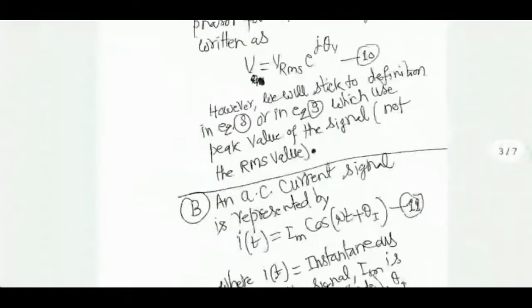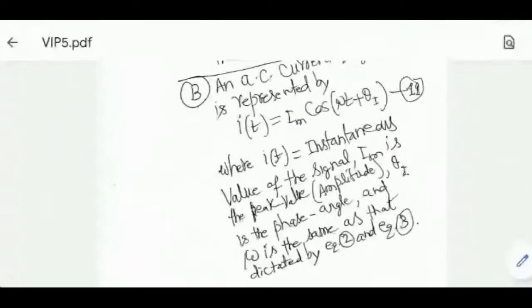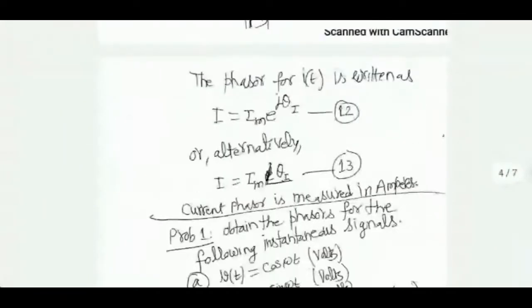Now, AC current can similarly be represented by a phasor. Same methodology. If I am given small i as Im cos omega t plus theta i, the phasor for that signal is Im e to the power j theta, or Im with an angle sign of theta.